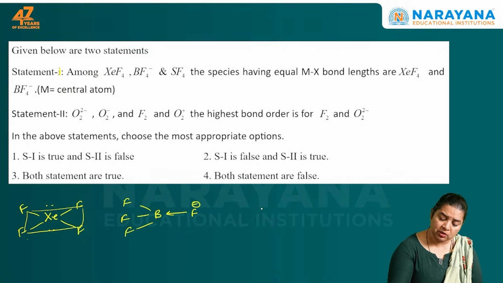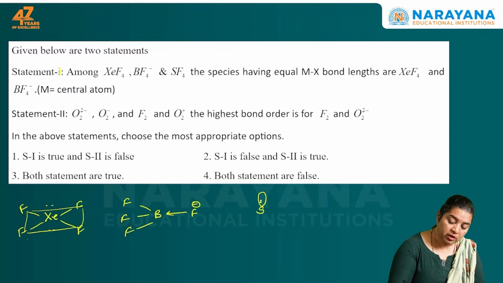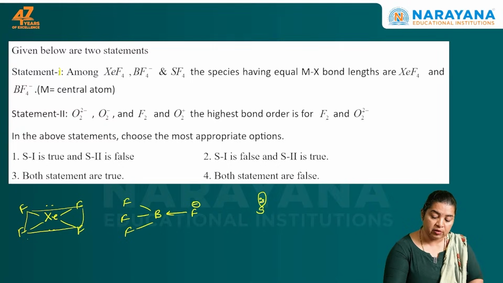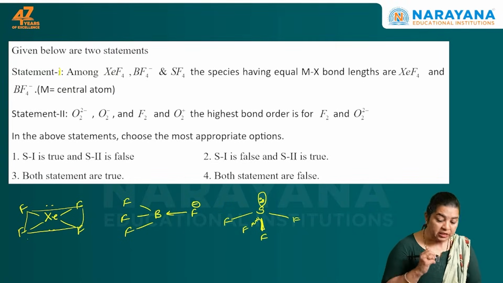SF4. Now, what is this SF4? If you remember, there is a distorted tetrahedron in this, right? The lone pair is there. There are two fluorines like this, and the two fluorines are positioned like wedge and dash. I hope all of you remember this SF4.